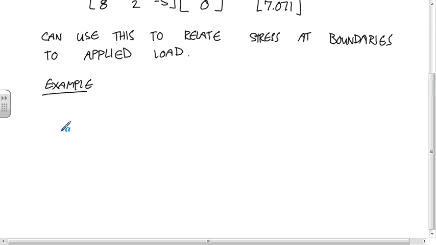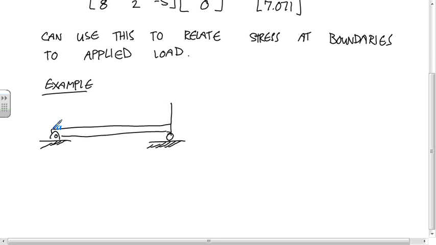So let's say that you have a problem, you know, this is a pretty typical looking problem that you would do in deform. You have a pin joint at the left, a roller at the right, and a distributed load.